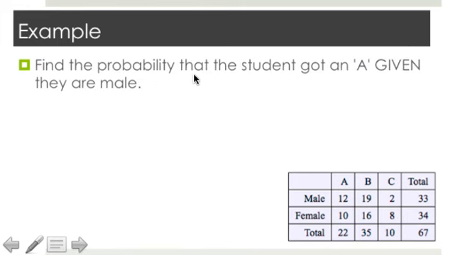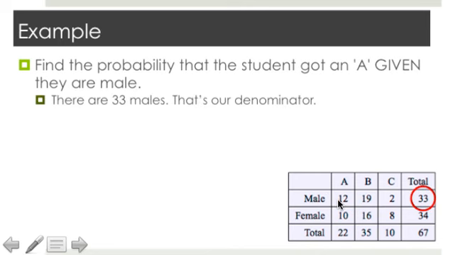We want to find the probability that a student got an A given that they are male. Now what we need to keep in mind here is that the total number of students that we're going to use is not 67. The total here is 33 because we're given the fact that we're dealing only with males. So this row right here is the only one we care about. So we have 33 males, that's our denominator.